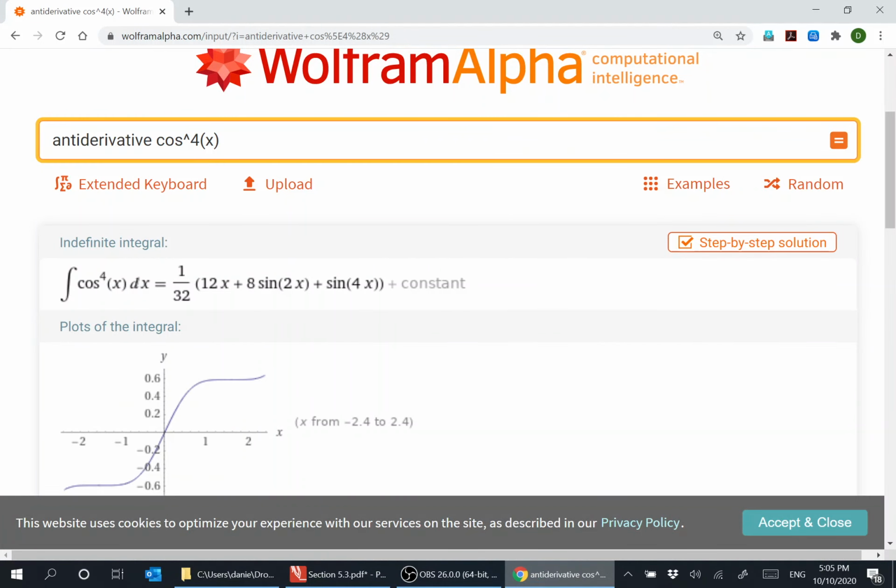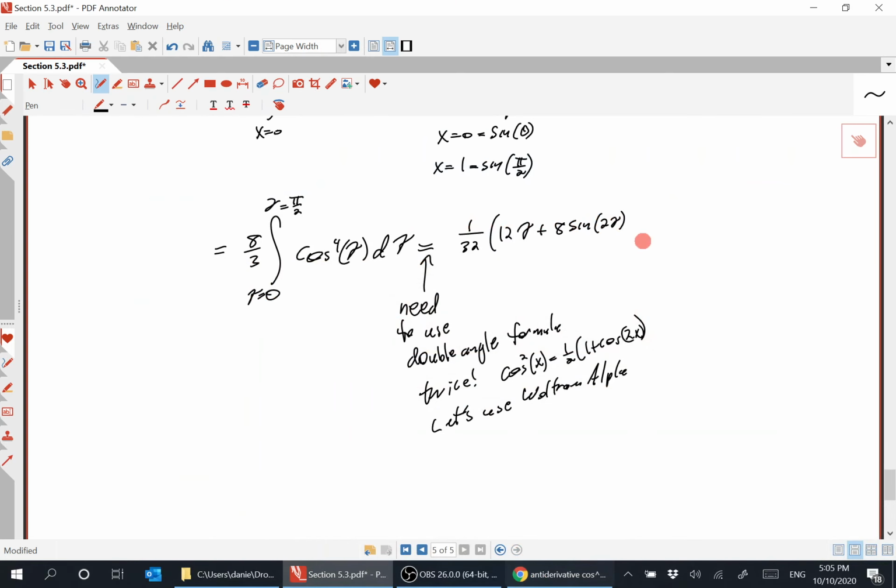And then sine 4 gamma. I lost my 8/3 there. Evaluated from gamma equals 0 to gamma equals pi over 2.